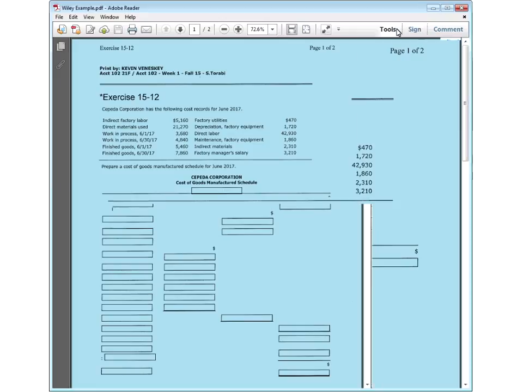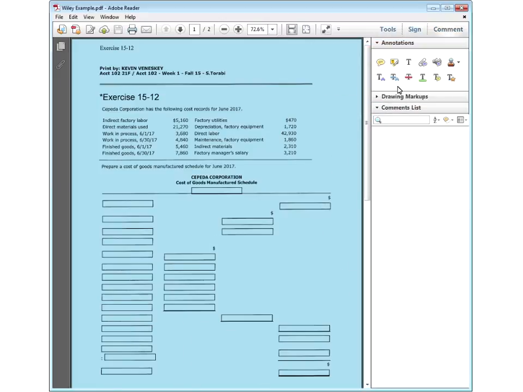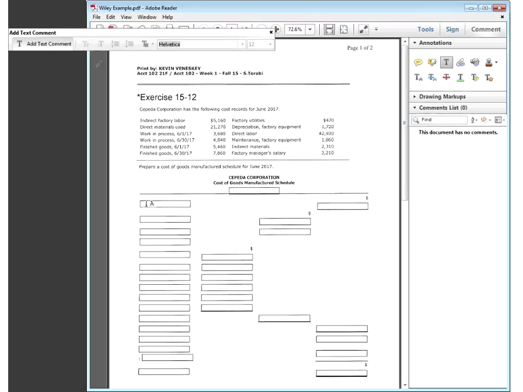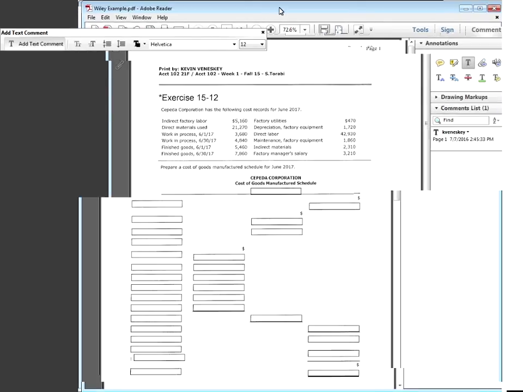Let's go in and I'm going to use my comments text. Okay. We're going to begin to fill in some of the blanks here and hopefully give you a good start with this Wiley Plus assignment.